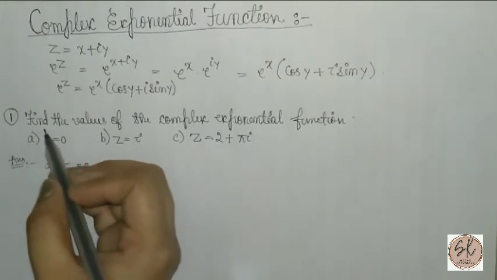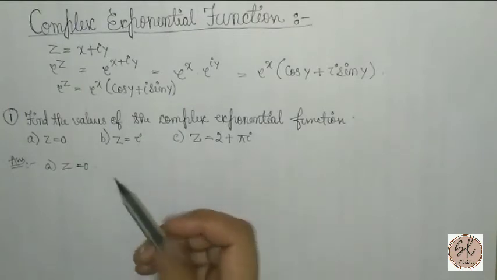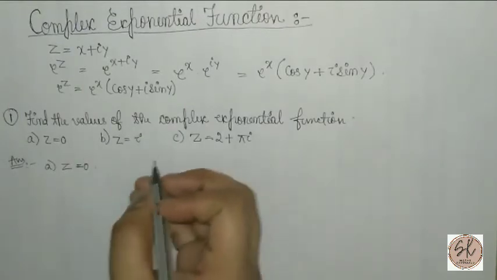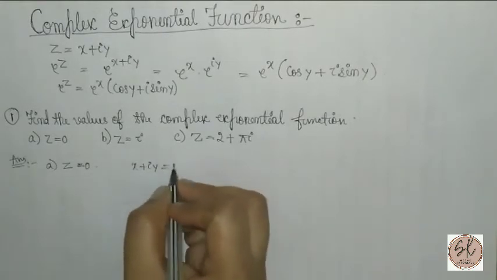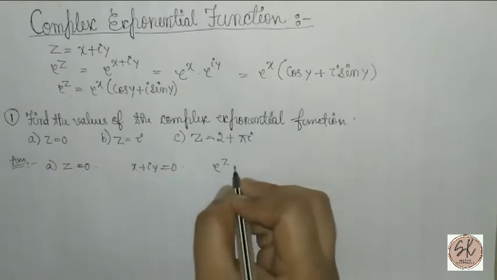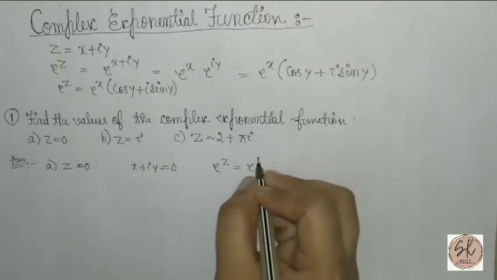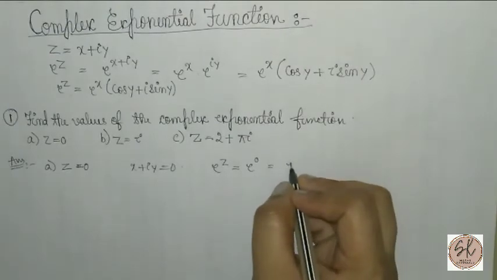So the first question is, find the value of the complex exponential function when z = 0. So when z = 0, that means x + iy = 0. So here e^z = e^0 = e^0 (cos 0 + i sin 0).